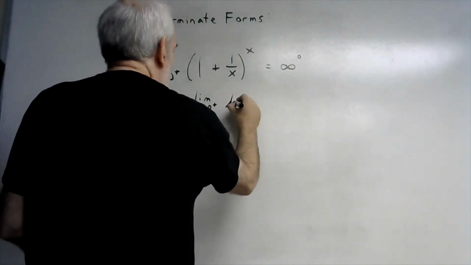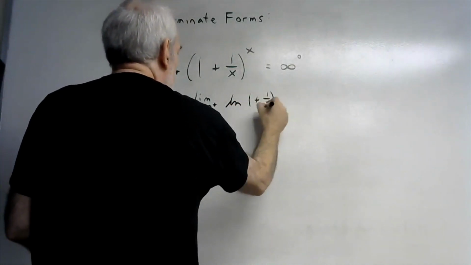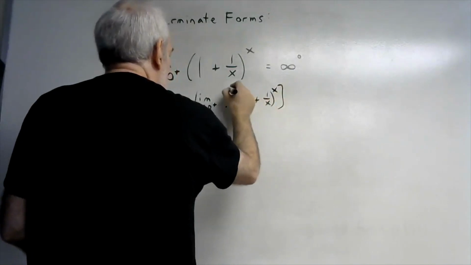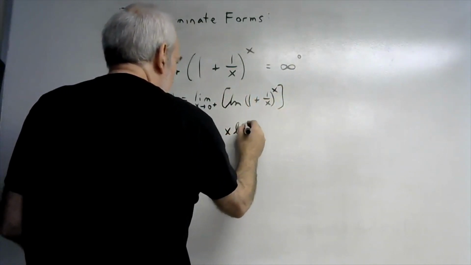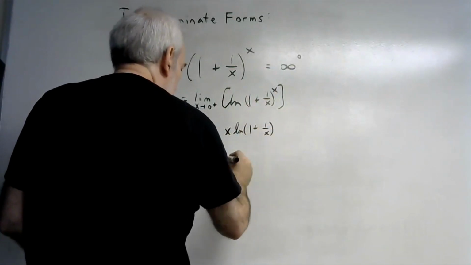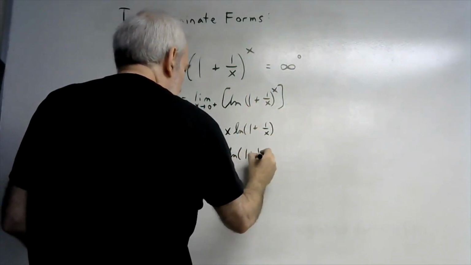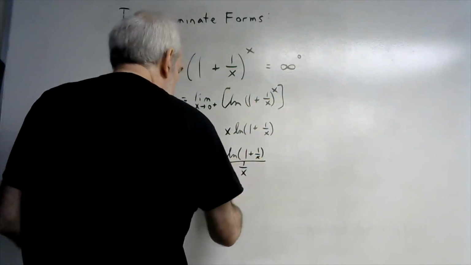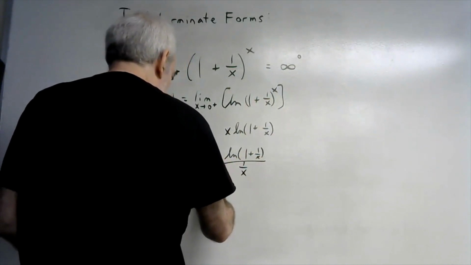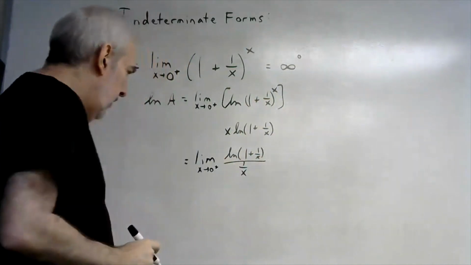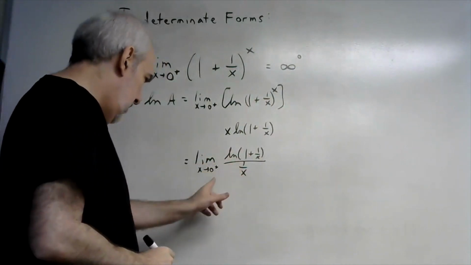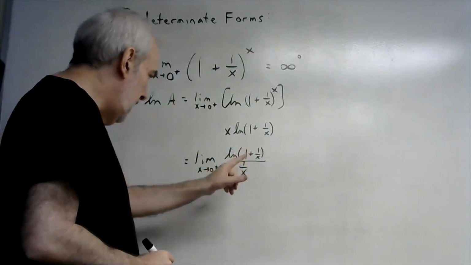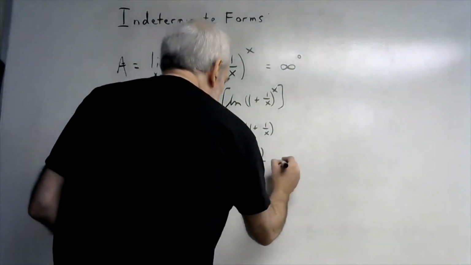Okay, so ln of 1 plus 1 over x to the x. The steps here are going to be pretty much identical to last time. Bring down the power. Rewrite as a fraction. That's now infinity over infinity, which is indeterminate.